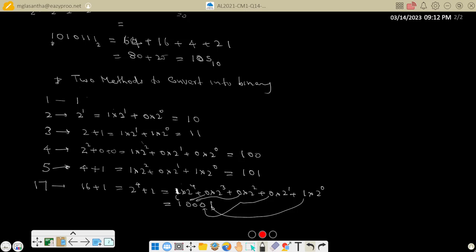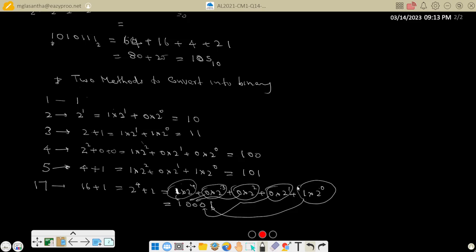From where are we getting 0 into 2 raised to 3? Well, that is 0. So you should have 2 to the power of 4, 2 to the 3, 2 to the 2, 2 to the 1, 2 to the 0. But these values are missing in this number. So you put zeros. Only these two are available now.